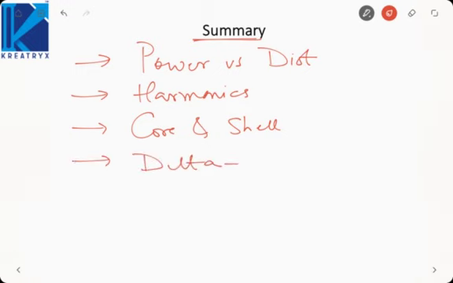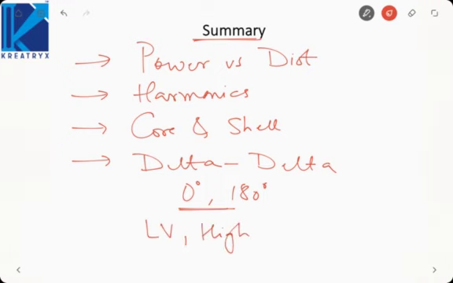We saw it is used for 0 degree phase shift or 180 degree phase shift, and it is used for low voltage and high current application, and it provides a path for third harmonic currents, so flux can be sinusoidal. And we saw third harmonic current can exist in delta connection only in phase, but they are absent in the line currents. Third harmonics are only present in phase currents.